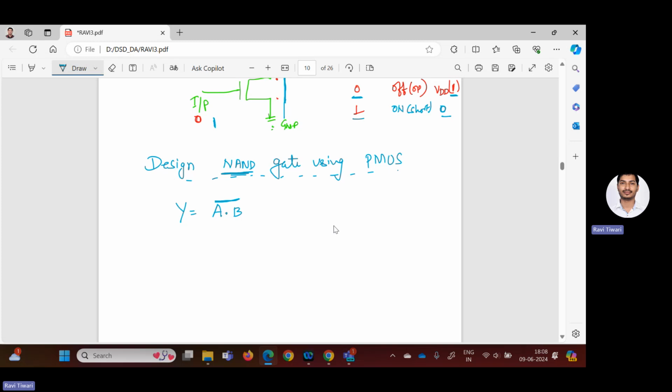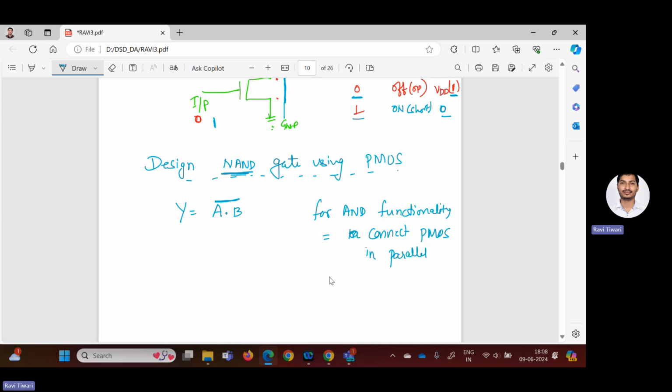So here for AND functionality, connect PMOS in parallel. Connect PMOS in parallel.